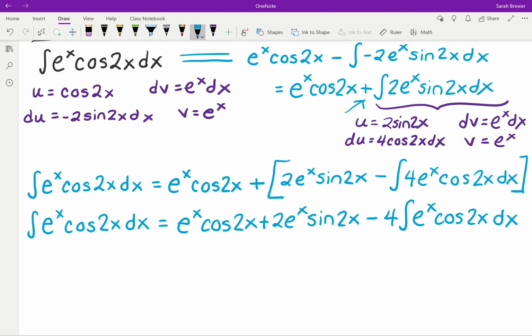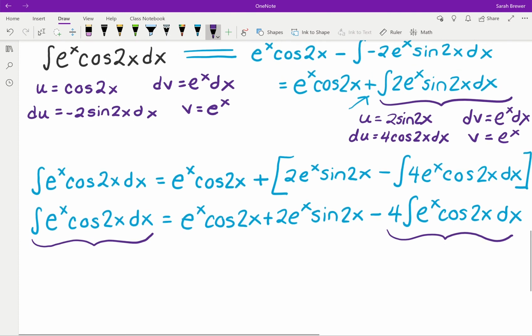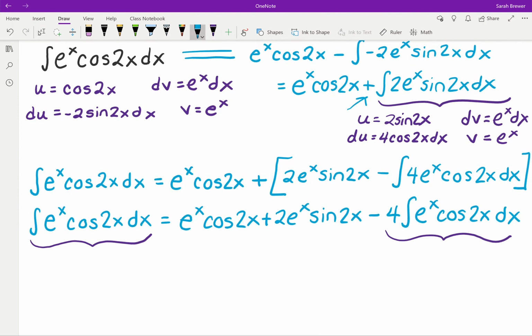Okay, so what we need to notice at this point is that on the left-hand side, we have one of these integrals. Over here, we're subtracting 4 of those integrals, and it's the value of that integral that we're actually trying to find. And so what we're going to do is we're just going to play with this algebraically, and I'm going to combine like terms.